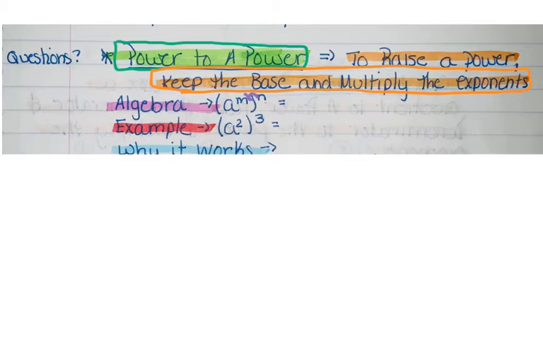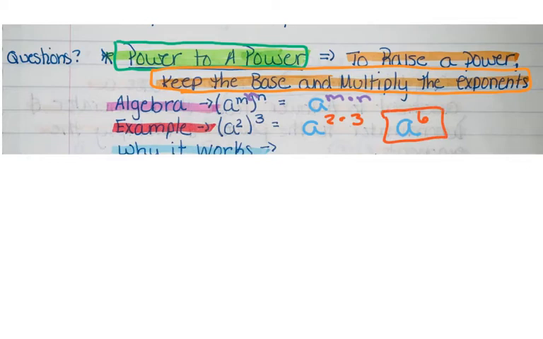So I'm keeping my base of a, and I multiply those exponents, m times n. For an actual example, I keep the base, which would be a, and I multiply 2 times 3. So this would simplify to a to the 6.